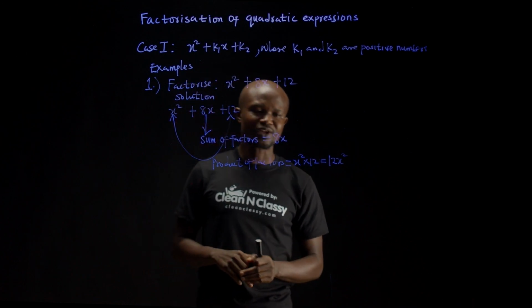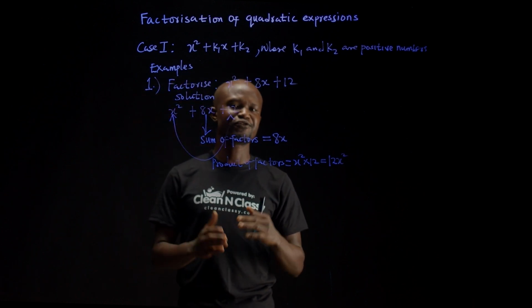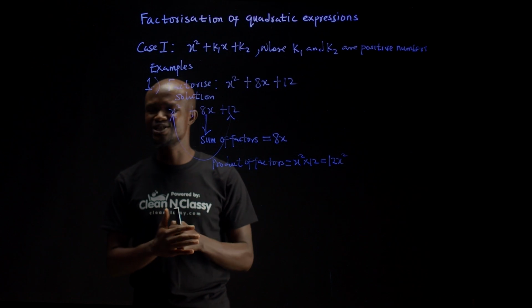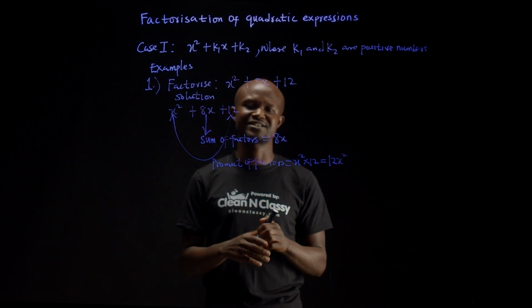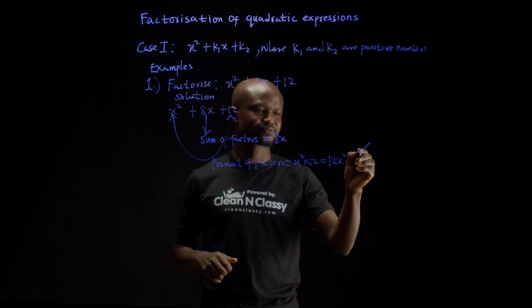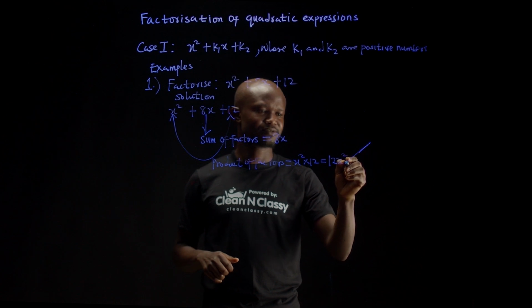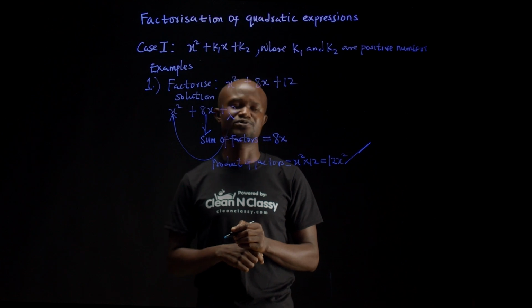Now, what you need to do is to focus on the product first, before your result will satisfy the sum condition. For the product, we have 12. Let's look for 2 values.